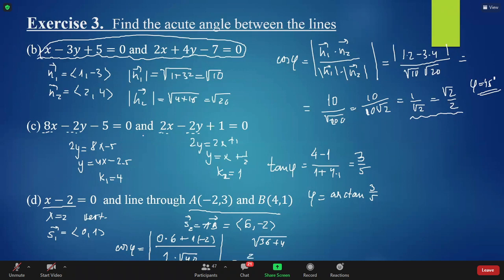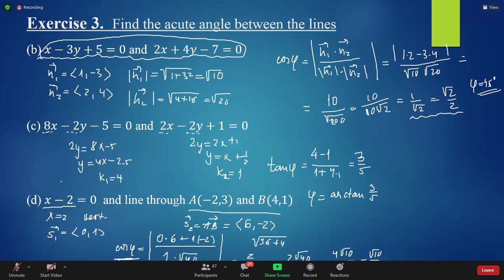We can simplify it a little bit. 2 root 40 over 40, or actually 4 root 10 divided by 40, so root 10 over 10 is the cosine of the angle. So the arc cosine of this number would be the angle itself. As you see, I simply wanted the 3 demonstrations.